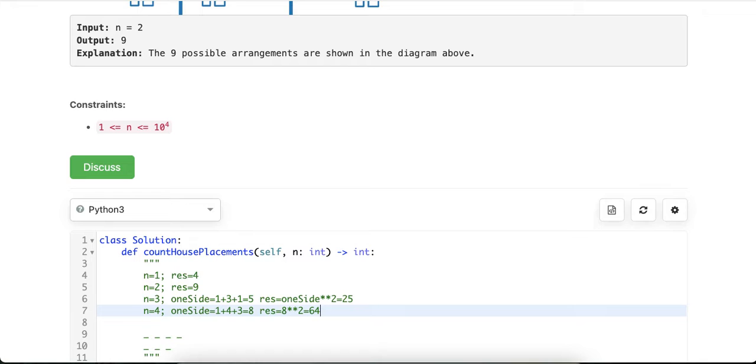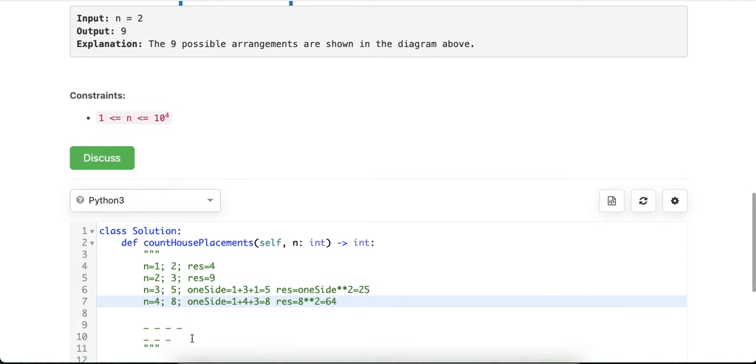Now we look at here, we can see some pattern. The pattern at the one side: 2, 3, 5, 8. I'll just copy it here so that we can line it up. And we can see there is a pattern here: 5 is 3 plus 2, and 8 is 5 plus 3.